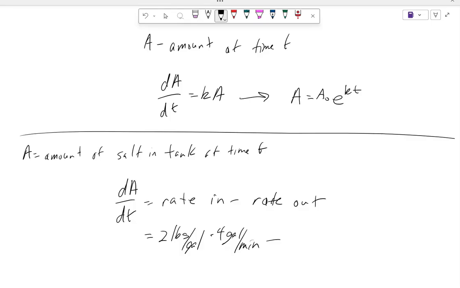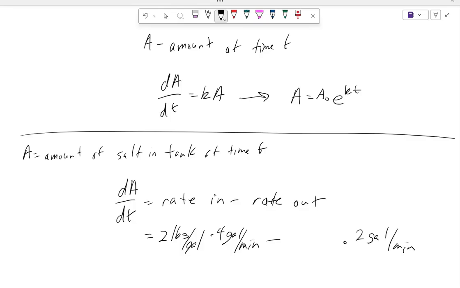So I've got concentration times rate, right? So I need to do the same thing for the rate out. I need a concentration times the rate out. Well, it's coming in at 4 gallons per minute. How fast is it going out? 2, right? Okay. So I know that the second part is going to be 2 gallons per minute.